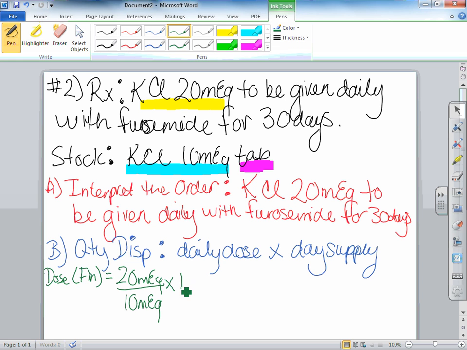So I'm going to say 1 tab. So milliequivalents cross out. 20 divided by 10 is what? That's 2. That means they're going to take 2 tablets per dose.